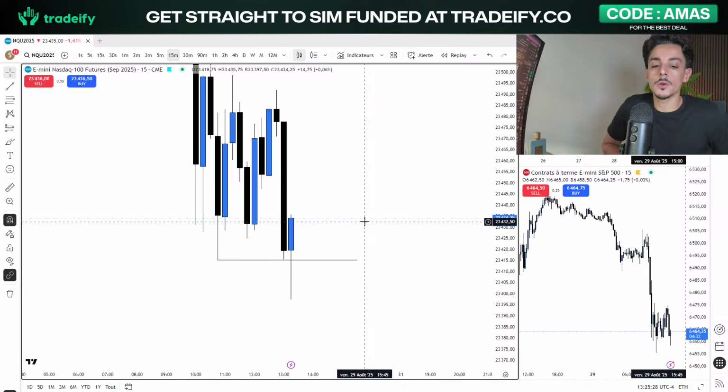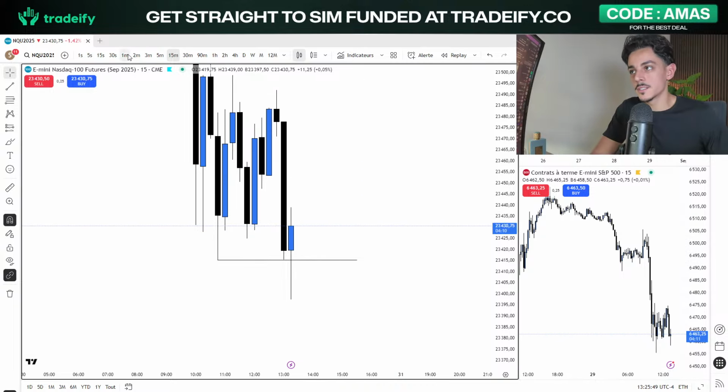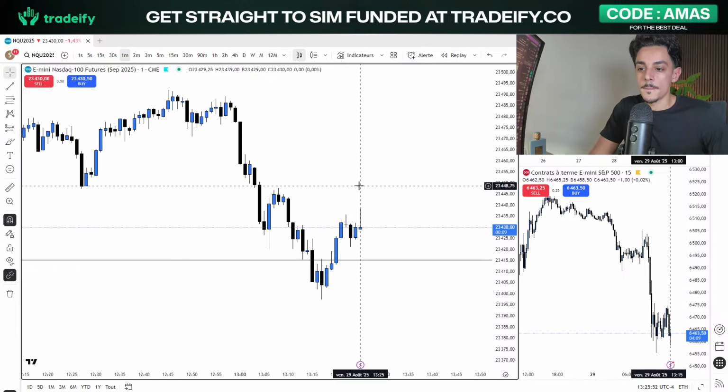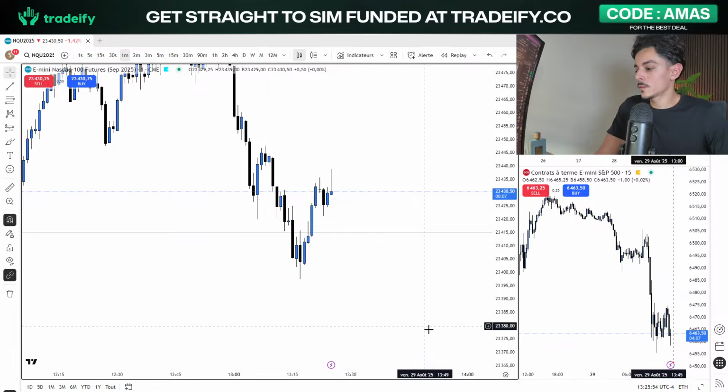And now the buffer is already built, so I only need to trade A plus plus plus setups. It could take me literally 3 months to get the next payout, but I don't really care. That's the point where I am, because with the 150Ks, like I keep saying, it's an easy 100K if you know how to trade. It's an easy 100K if you know how to trade. So that's how I'll do it.